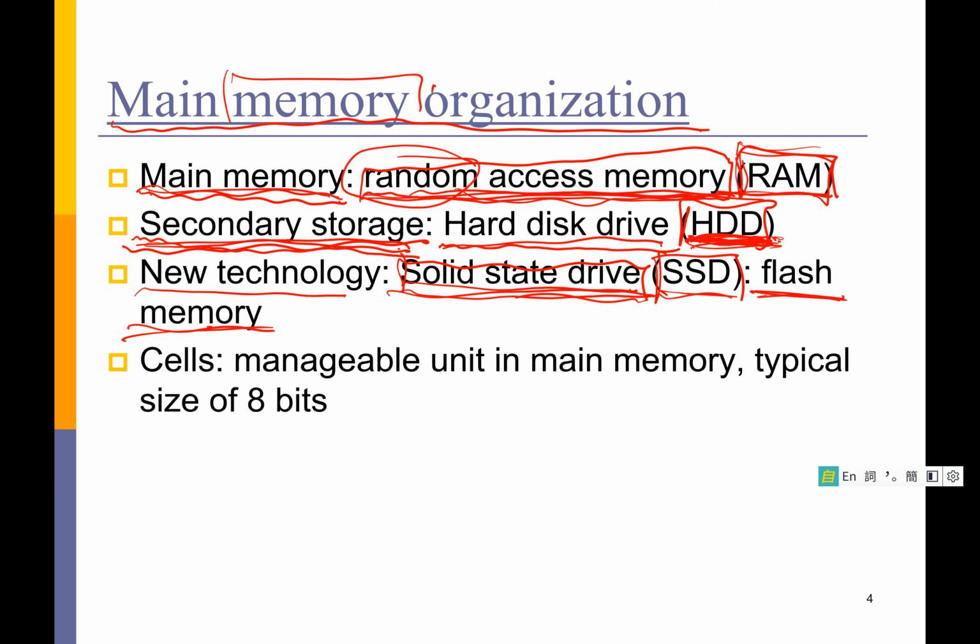Okay. Now, typically, we call a manageable unit of memory a cell. Because when we access memory, from random access memory or from hard disk, accessing one bit each time is too small and too inefficient.